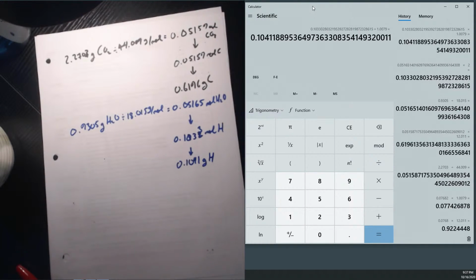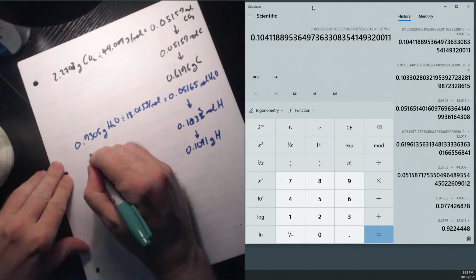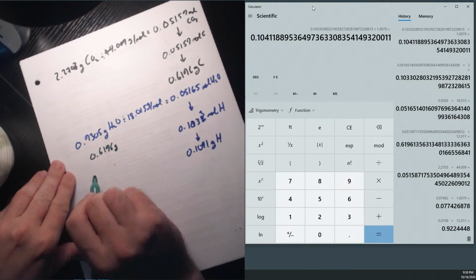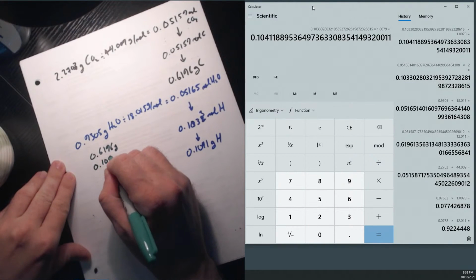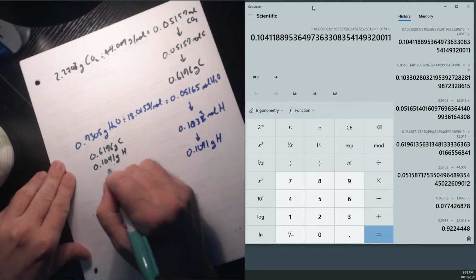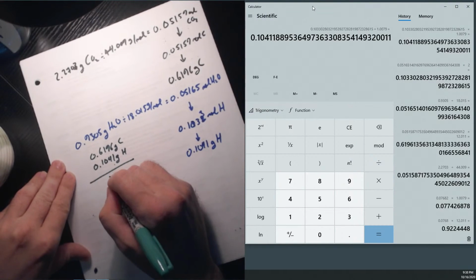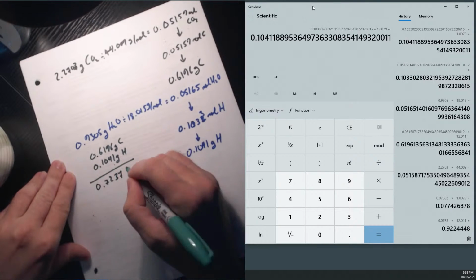Now let's go ahead and check for missing oxygen. 0.6196 grams of carbon, 0.1041 grams of hydrogen, adds up to 0.7237 grams.